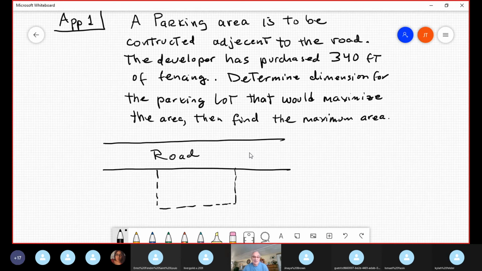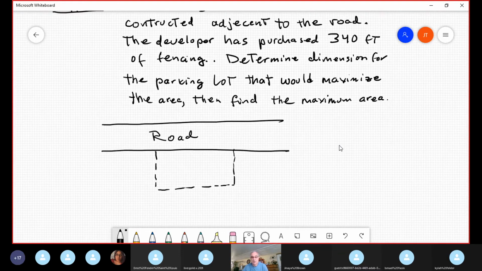So this looks like a rectangle, but the rectangle has 3 sides, not 4 sides, because I suppose it's where the car gets inside the parking lot, in that direction or in that direction. My goal is to find the dimensions, but we have a restriction. I call this segment x, and this segment is also the same. My sketch is not good, but it's the same.